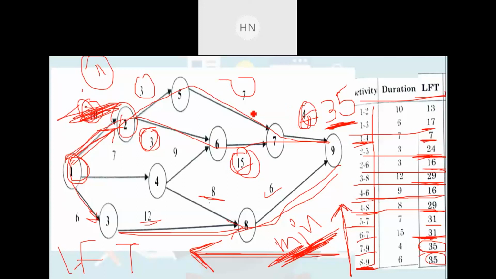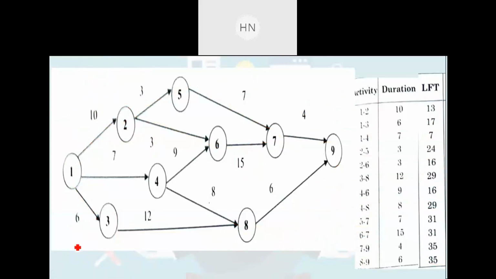So the answer will be 13, right? This 10 you don't consider, because you need to reach up to this second event only. So the answer will be 13, and in the first one your answer will be 21. Let me calculate again. For the first option, you need to deduct 3, 7 and 4.